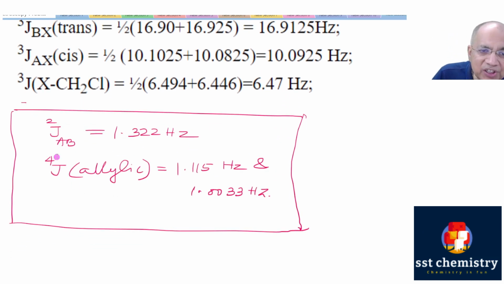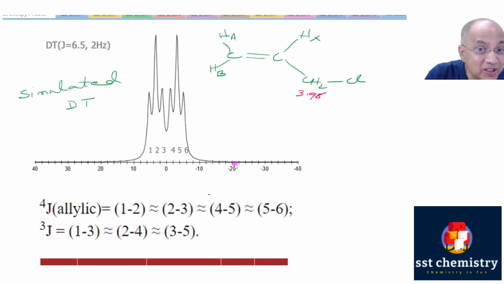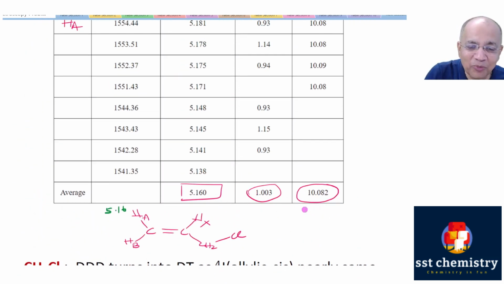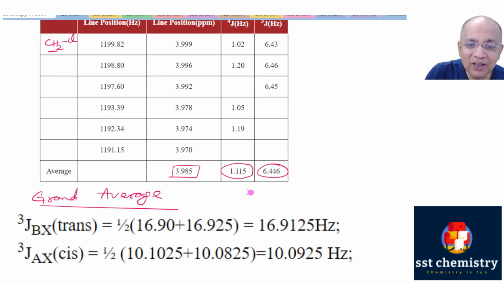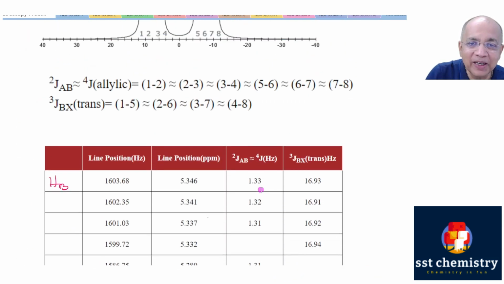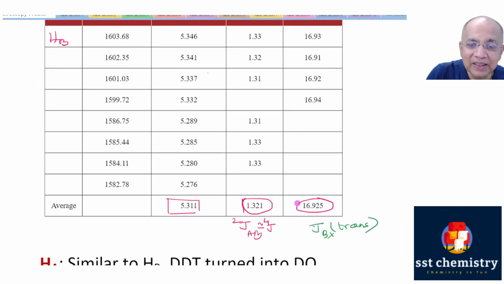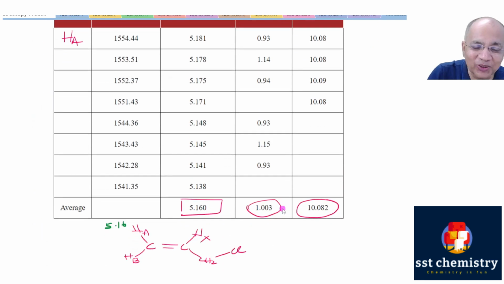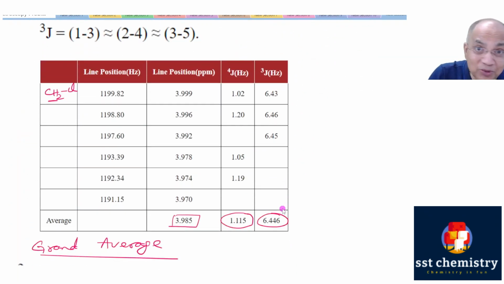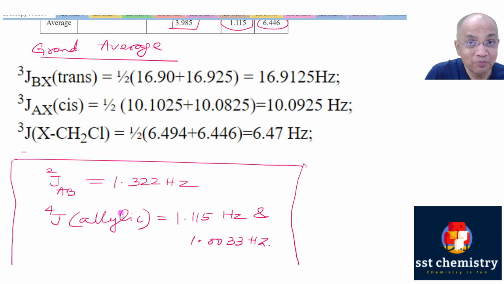But for the geminal coupling and the J4 coupling, since J4 can have two different values, we have chosen to present three values that we have got, instead of averaging. Here we got 1.003, here we got 1.115, and here we got another value, 1.321. So these three smallest values we have proposed.